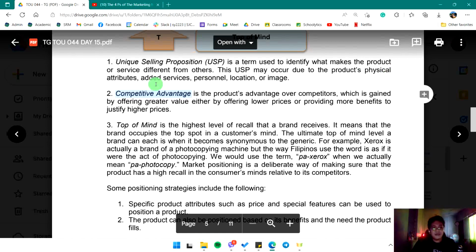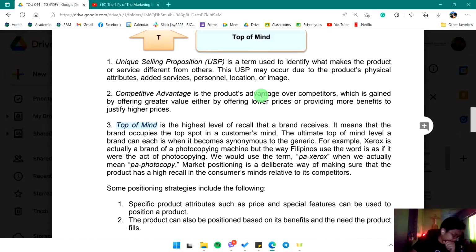And then lastly, we have your top of mind strategy. Ito nga, yung unang-una pa lang iisipin ng mga guests natin na yung business natin pag meron silang gustong bilhin.